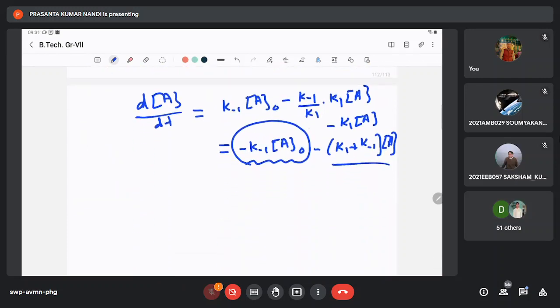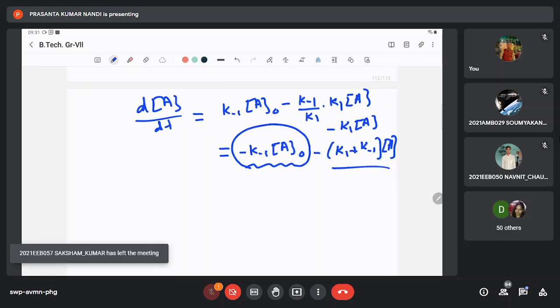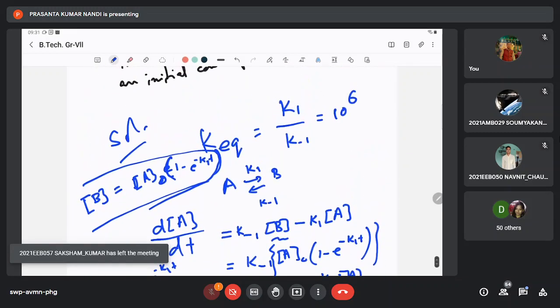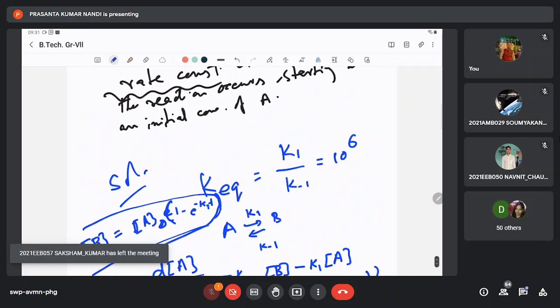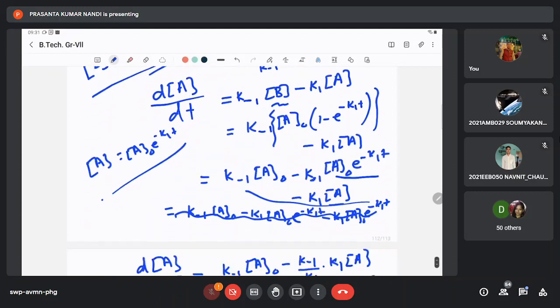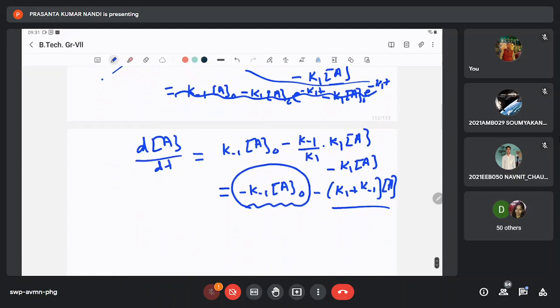Say, if we consider the equilibrium constant is very large, the magnitude is very large, that means k minus 1 is much, much less compared to k1. So we can ignore this term and simplify like this: minus k1 plus k minus 1 a.